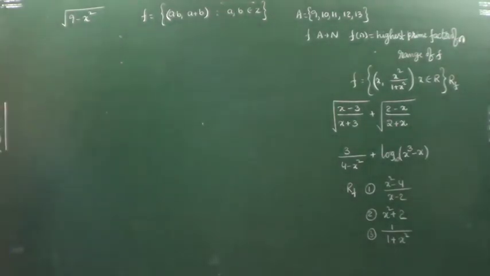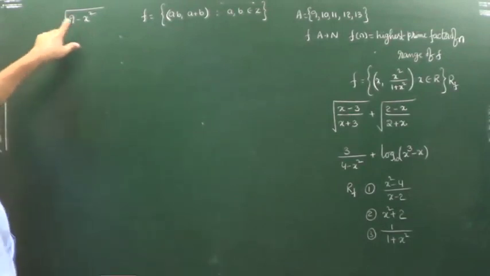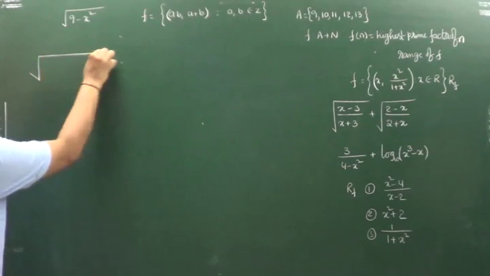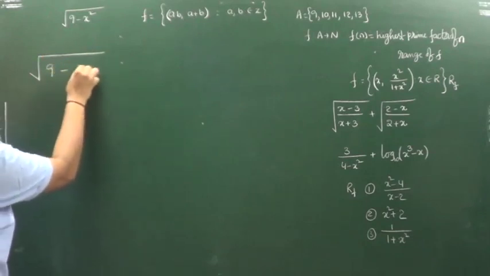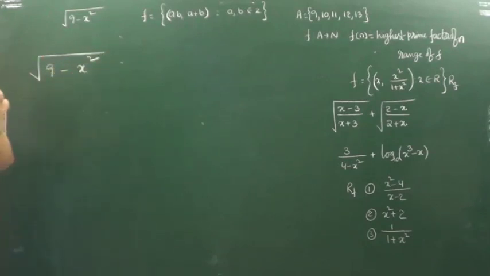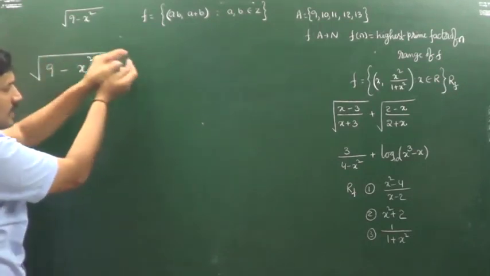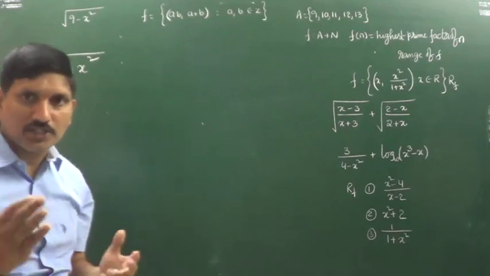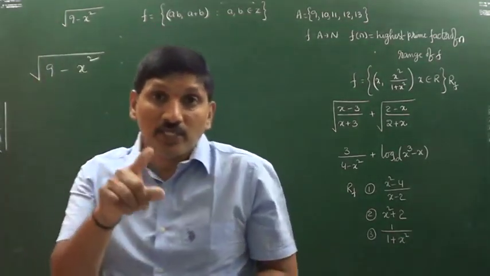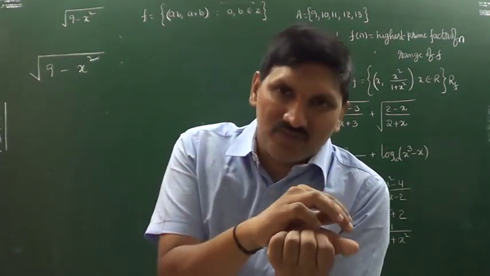Right. So this is the particular question: root of 9 minus x square. In place of x, whatever we are giving, what we will get as an output, that is nothing but range. Range is nothing but output.